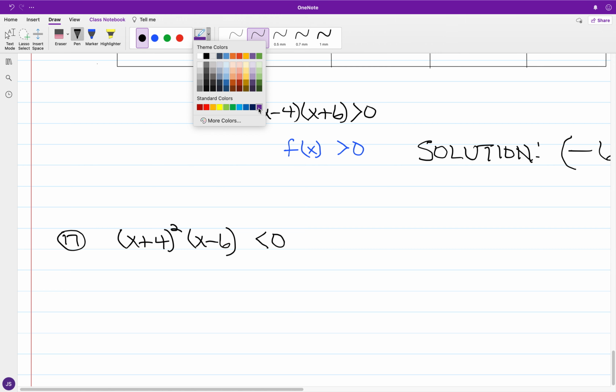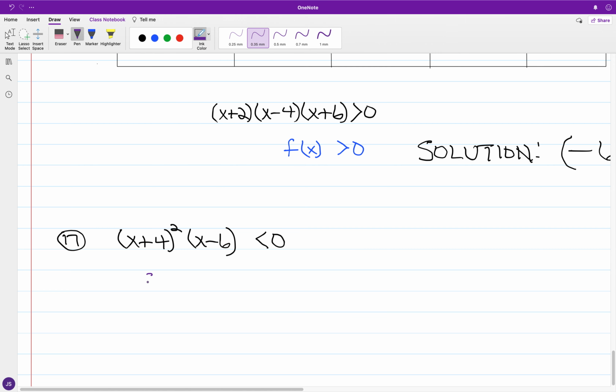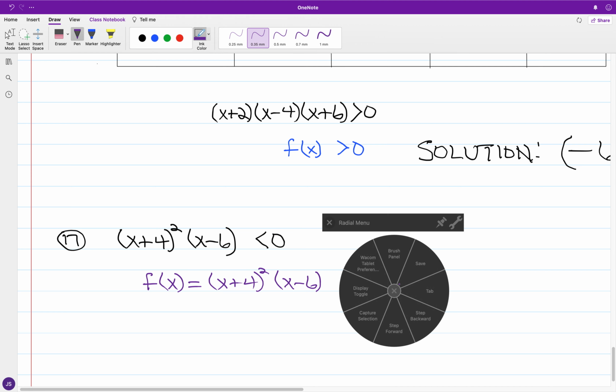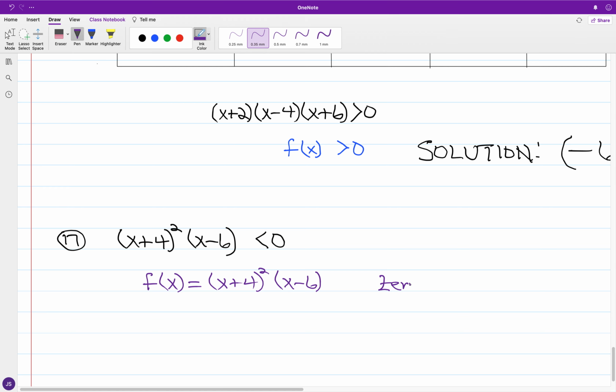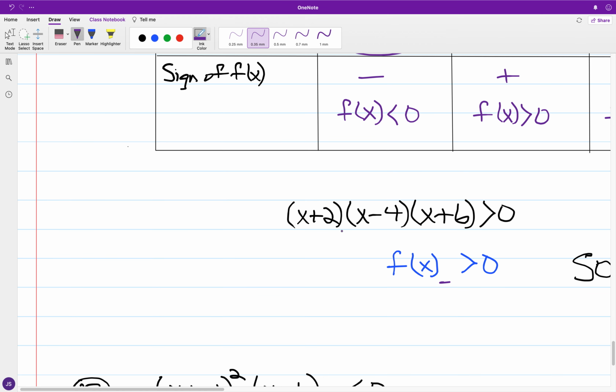Okay, so for the setup, you have f of x is equal to the square of x plus 4 times the quantity of x minus 6. So we have a direct polynomial expression, and for the zeros involved we set the function equal to 0. So with the zero from x plus 4, we'll have negative 4.